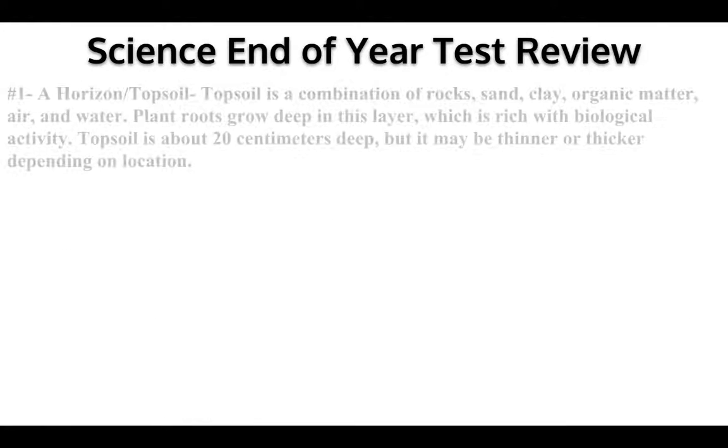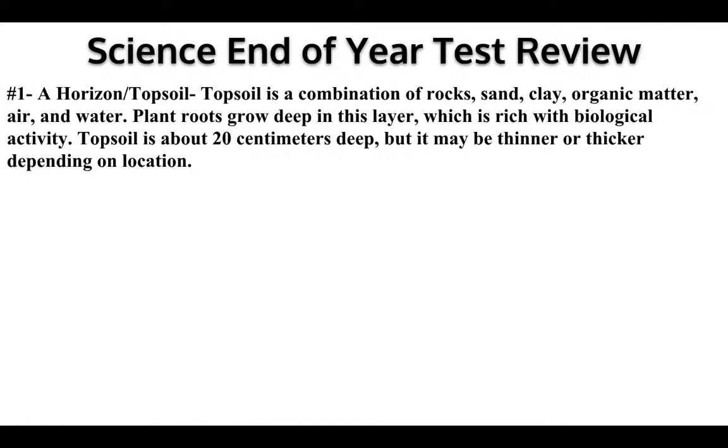Now let's look at the soil layers. I'm going to describe them first and then show you a picture of them. Soil, or topsoil, A horizon, is a combination of rocks, sand, clay, organic matter, air, and water. Plant roots grow deep in this layer, which is rich with biological activity.